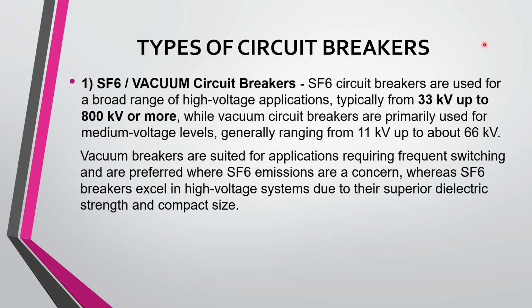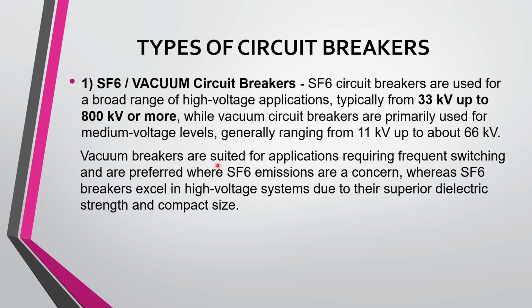Now, types of the circuit breakers: SF6 or vacuum circuit breakers. SF6 circuit breakers are used for a broad range of high voltage applications, typically 33 kV to 800 kV or even more, while vacuum circuit breakers are primarily used for medium voltage levels, generally ranging from 11 kV up to about 66 kV.